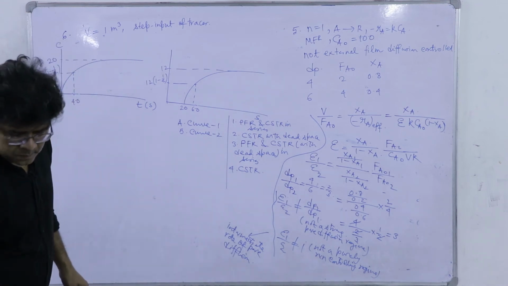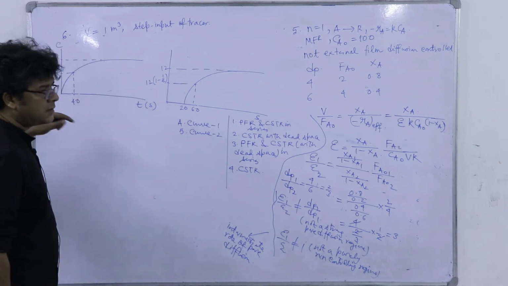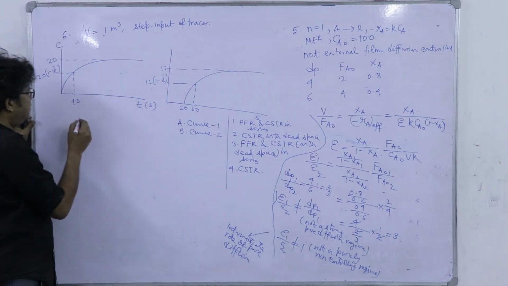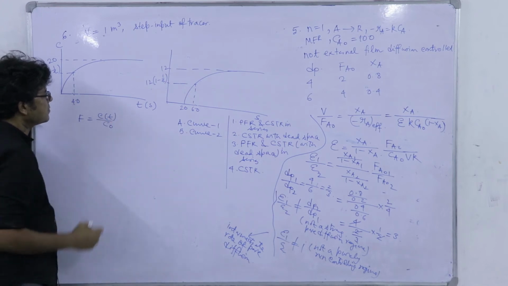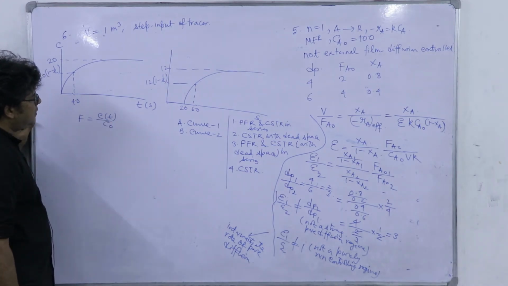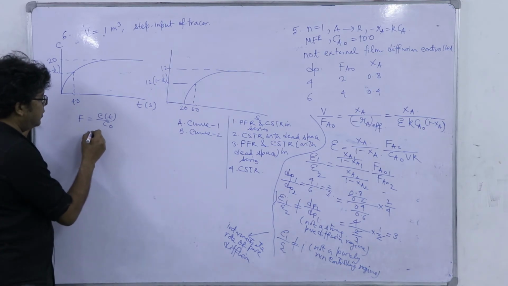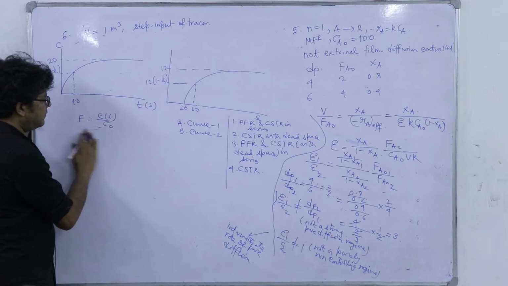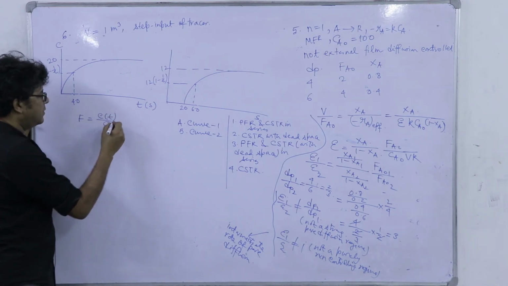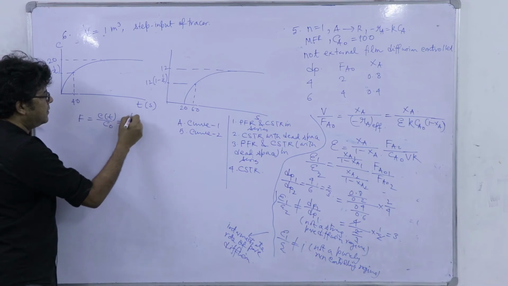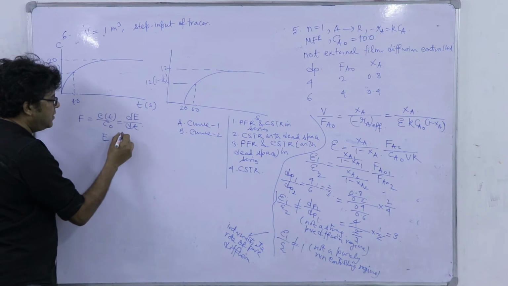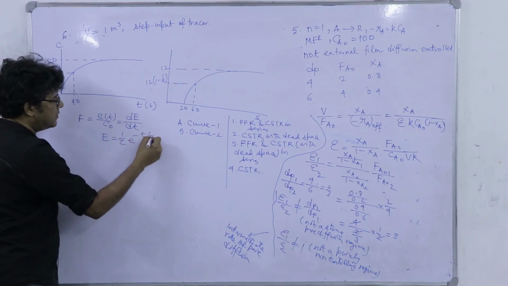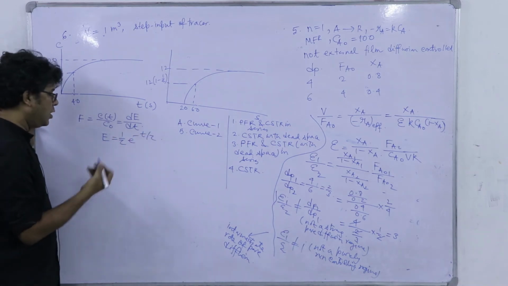Okay. So, you see this is the C curve. So, F curve is Ct by C naught, right, and we know that dF by dt is E, where E is 1 by tau into e to the power minus t by tau, that we remember for CSTR only.